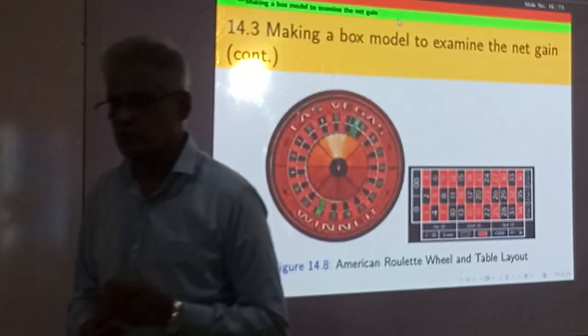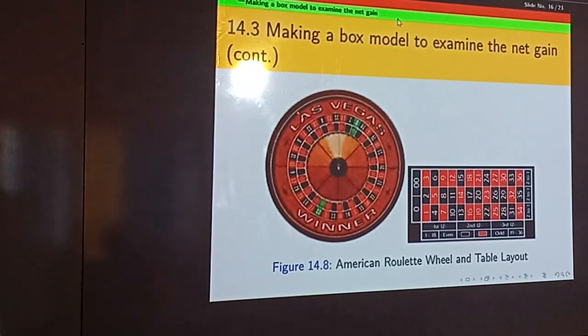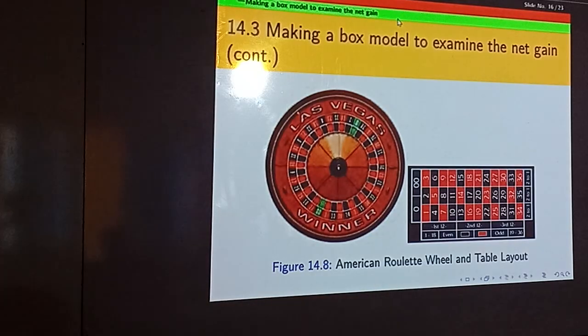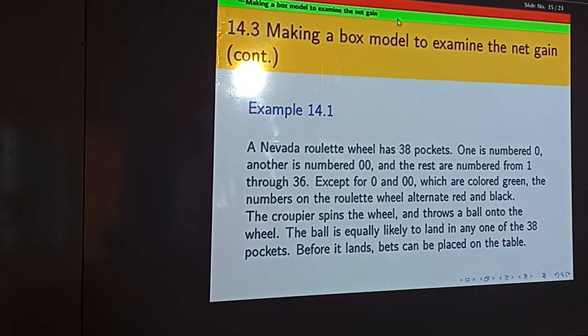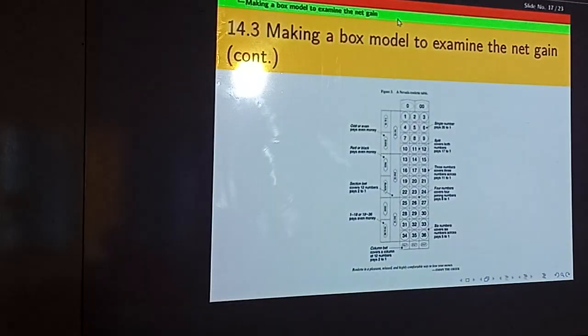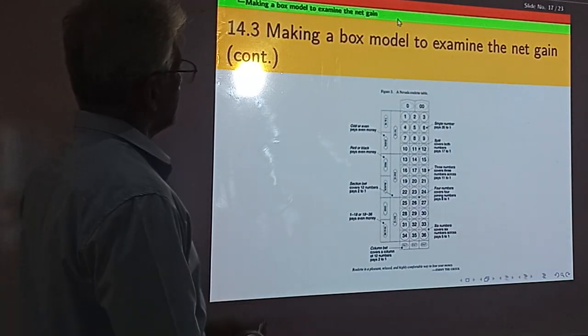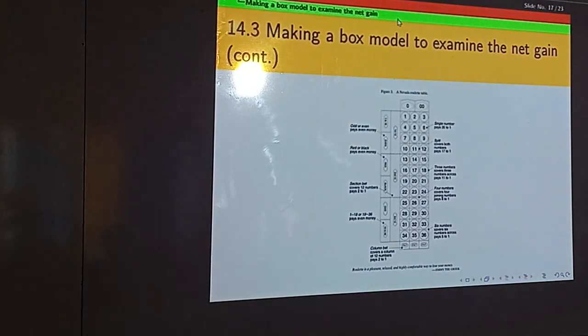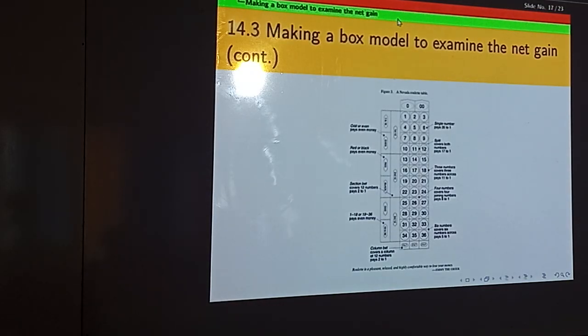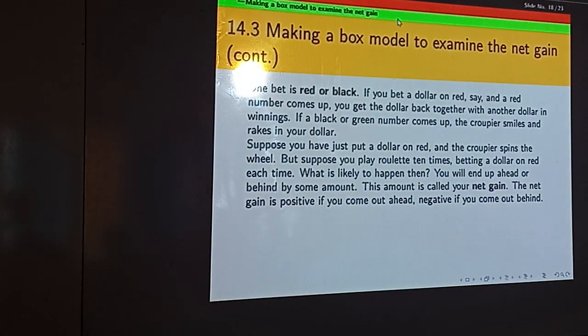So there are different types of possible bets, and how much you get on those things are also different, right? So this picture shows some different types of bets, how much you get and so on. That's not very important to us, but let's look at one type of bet.